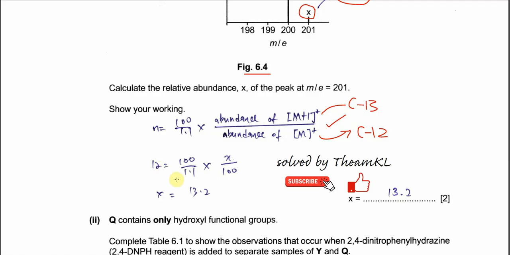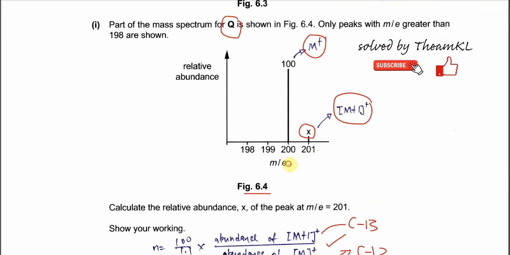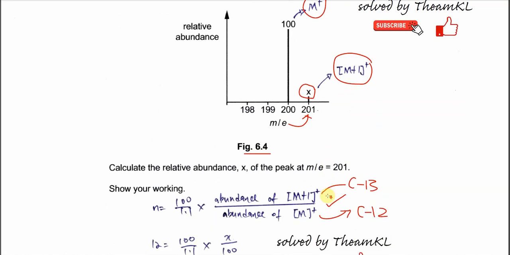Rearranging, you get X. The relative abundance of M plus 1 now is 13.2%. This is how you get the relative abundance of the m/e 201 peak. I hope you understand. This is a bit challenging for those who don't really understand mass spectrum.